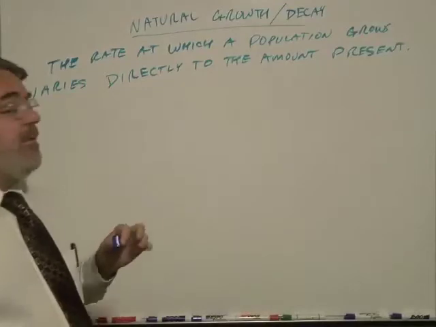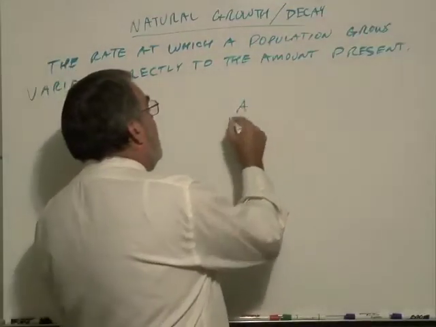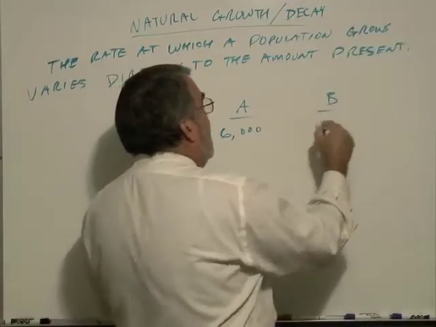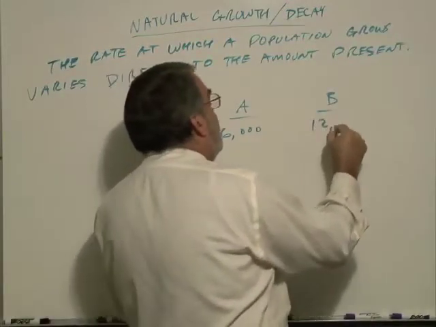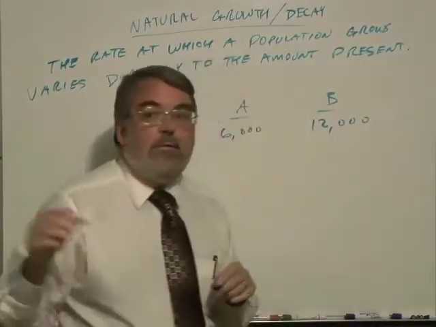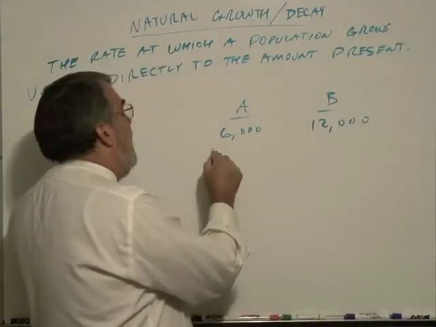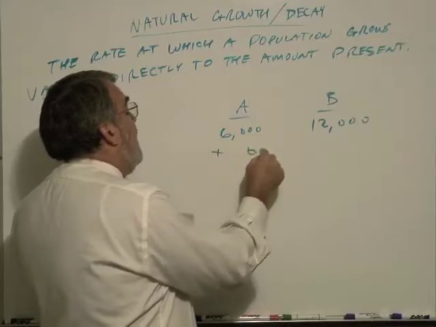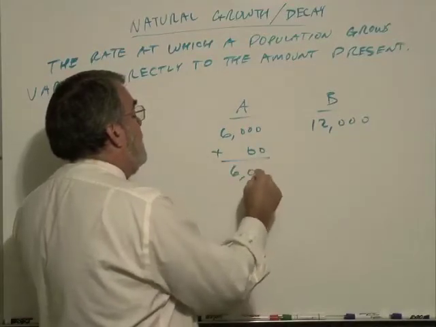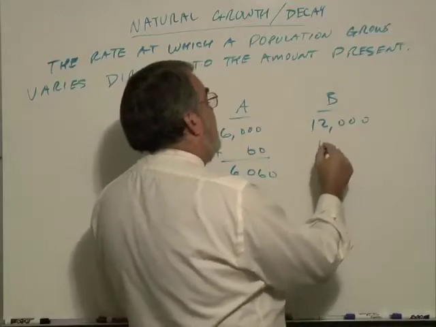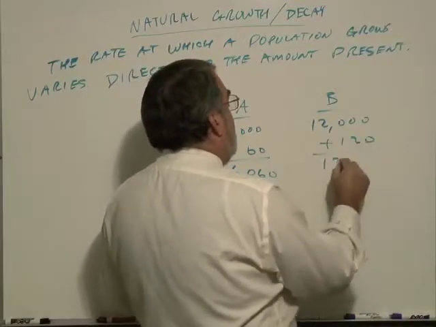For example, suppose that town A has 6,000 people in it and town B has twice as many, 12,000. Now if they're both growing at 1% a year, that means town A in 1 year will gain 60 people. And town B will gain 1%, which is 120 people.